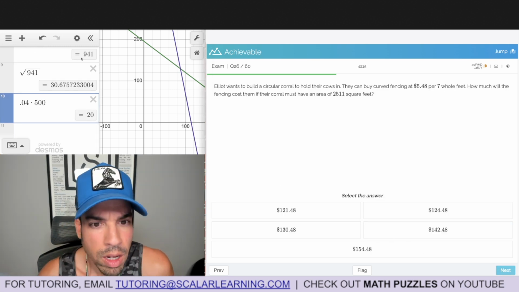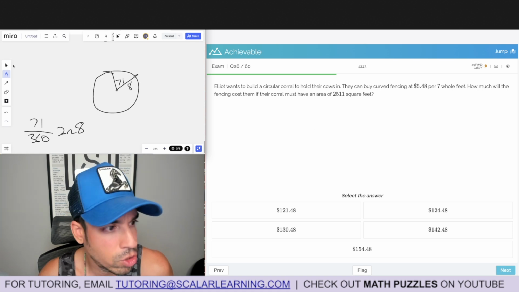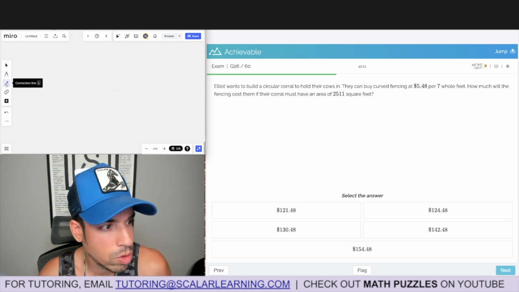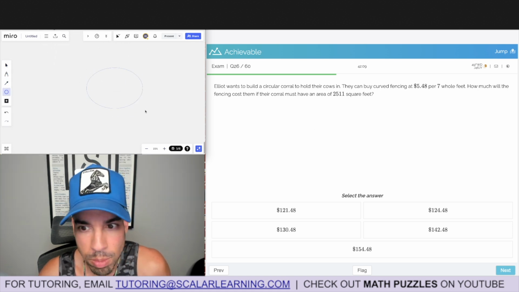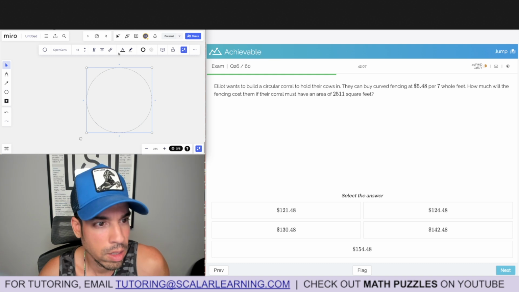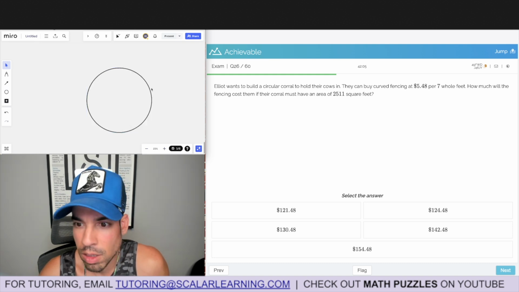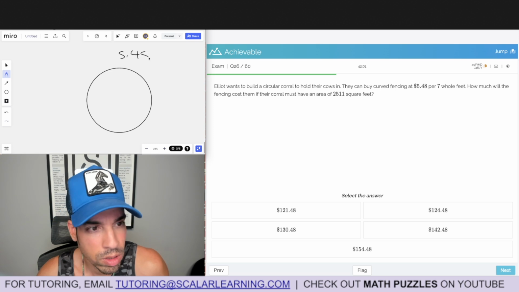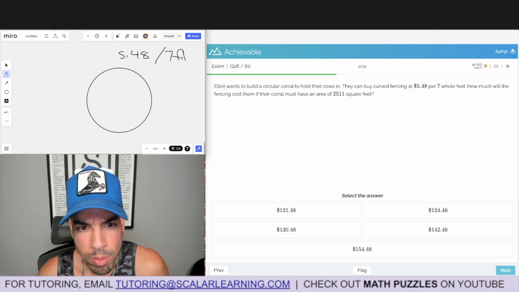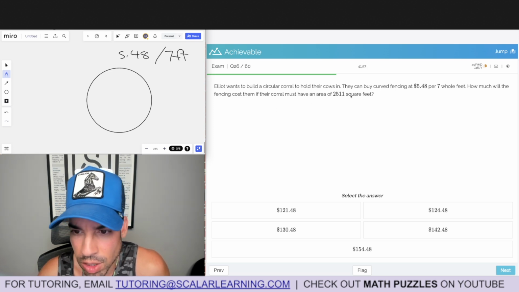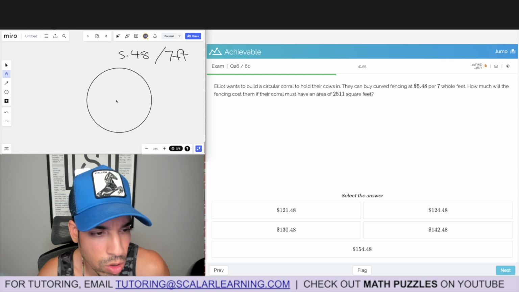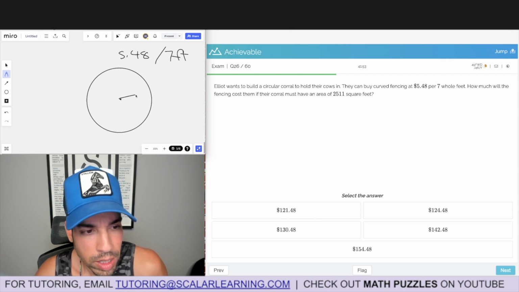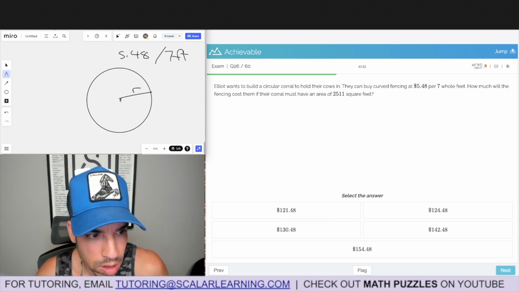Okay, moving on. Elliot wants to build a circular corral to hold their cows. So we'll just put in a circle. They can buy curved fencing at $5.48 per 7 feet. How much will the fencing cost? And the corral must have an area of 2511. So we need an area, and the radius is the unknown.